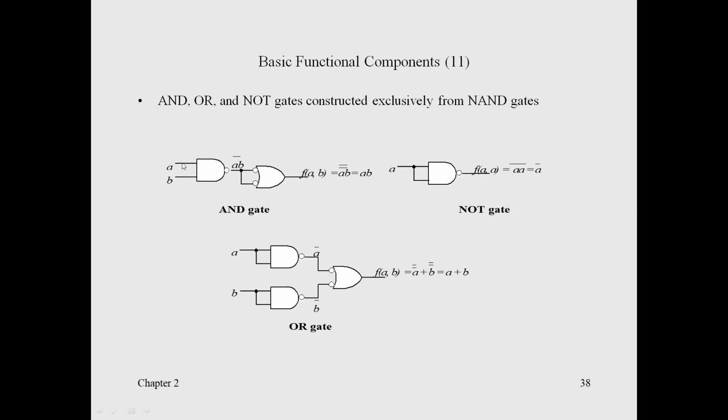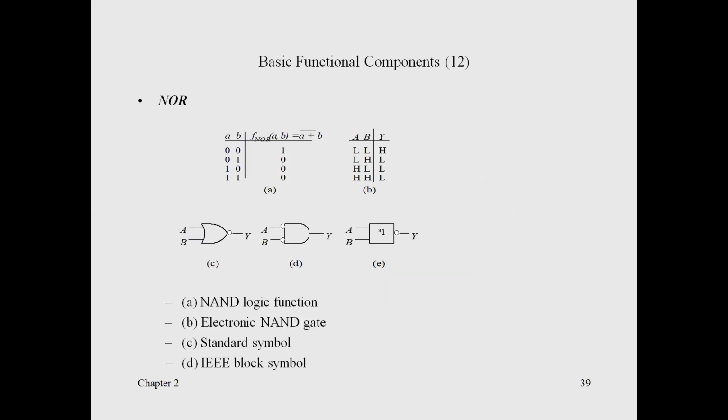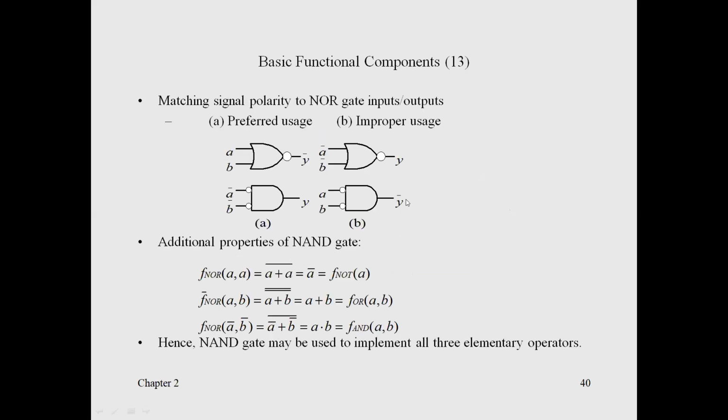So if this is a NAND gate, you can see here AB, so here you will get AB whole bar. Again, if you put one more, you can simply get AB. Okay, so if it is an inverter, simply you have to short the terminals and you get here A bar. So in this way, by using proper connections, you can implement any function with the help of NAND and NOR. That is what is reflected over here.